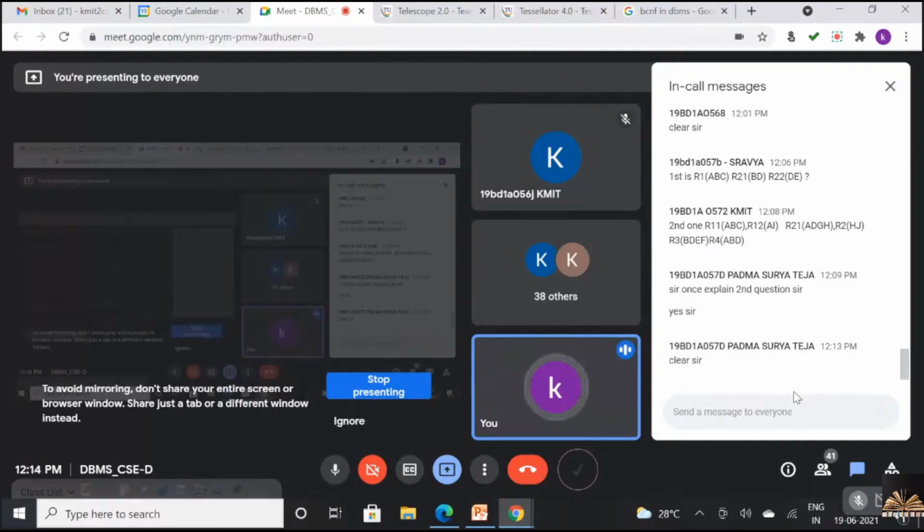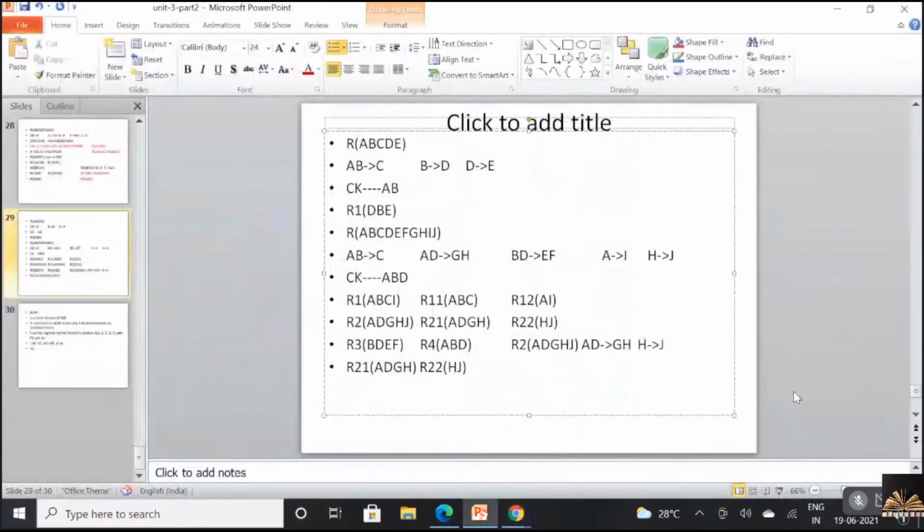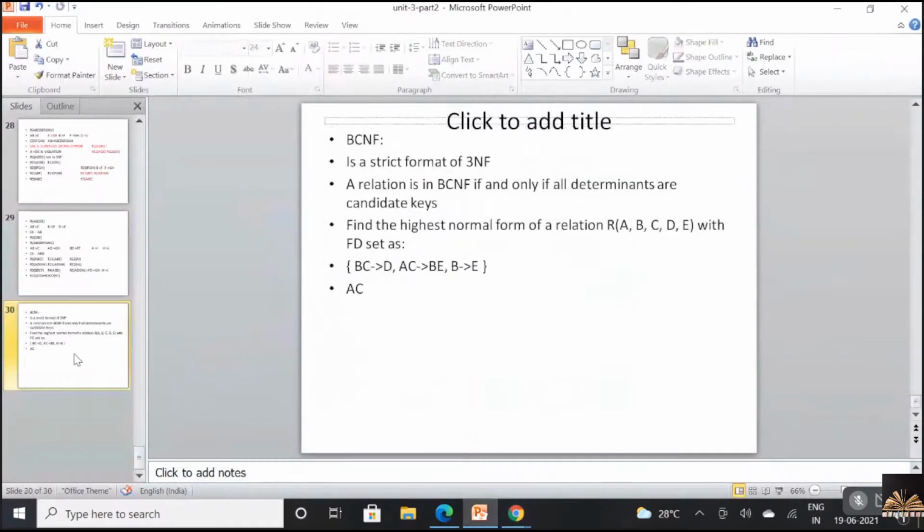So this is about your 3NF, the two ways in which you can work with your 3NF. And then you have Boyce-Codd normal form. Boyce-Codd normal form is called a strict version of your 3NF.